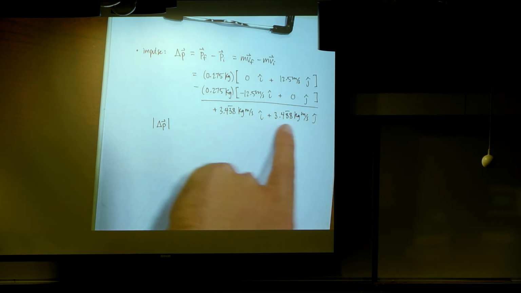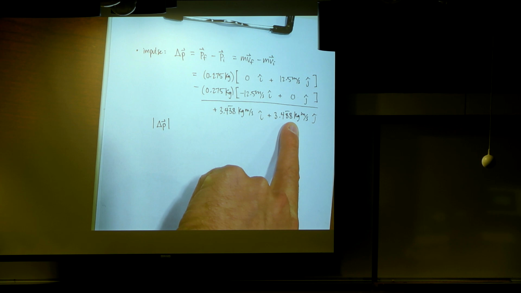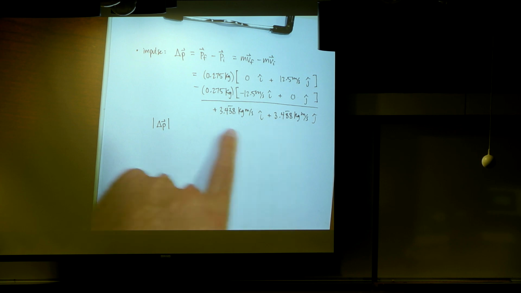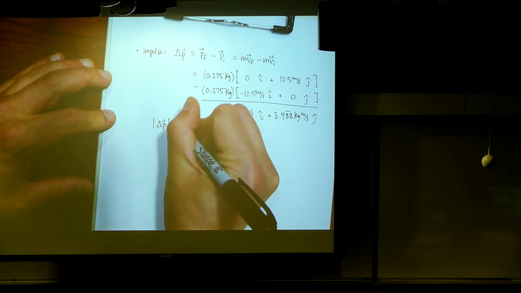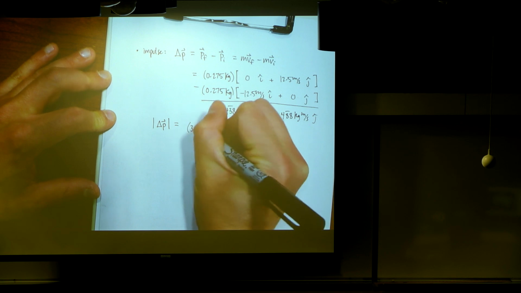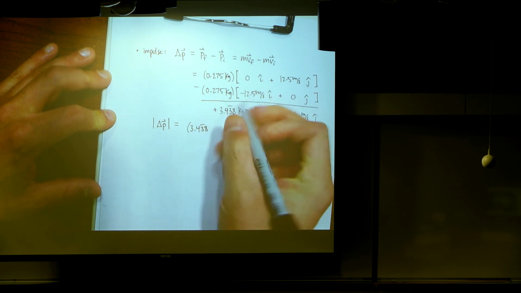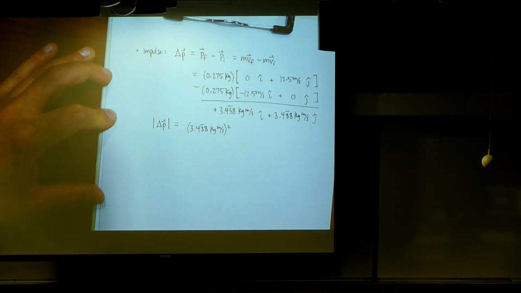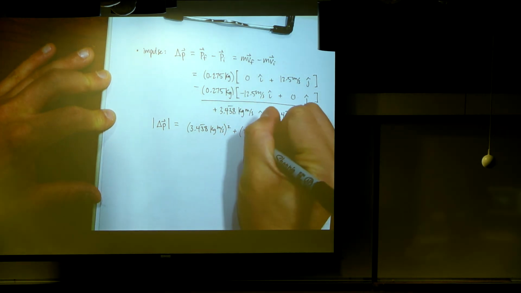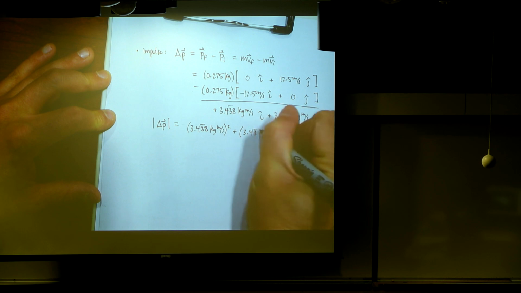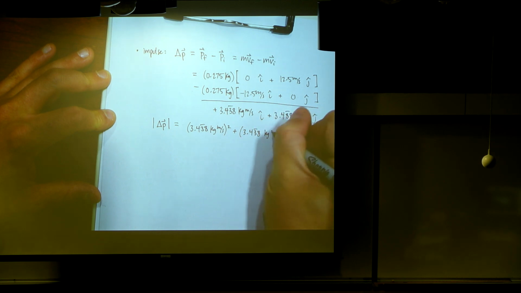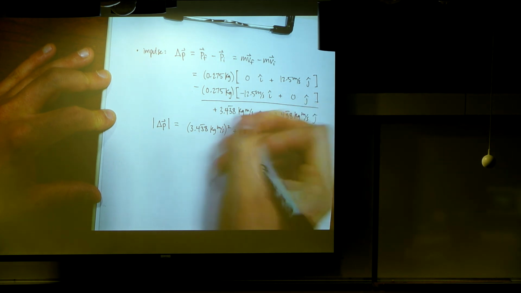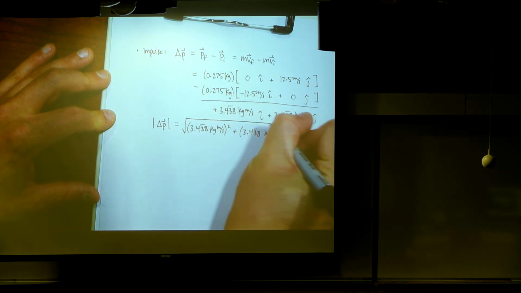Just square this and then add to that this y component squared and then put it under the radical. So we have 3.438 kilograms meters per second, squared, plus 3.438 kilograms meters per second, square all that, and then take the square root.